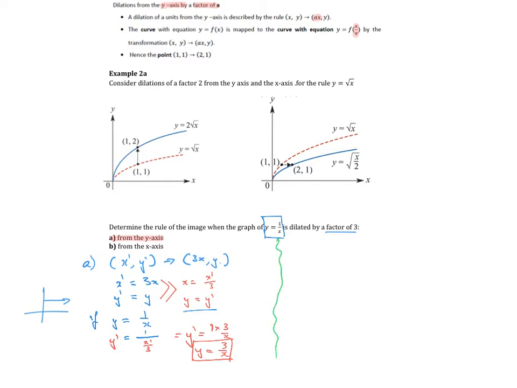What about for B, if it's from the x-axis? Same thing, x dashed, y dashed is equal to, if we're stretching it from the x-axis, it means the y value gets affected. So x doesn't change, but y gets multiplied by 3. So that's the only transformation. X dashed is equal to X, Y dashed is equal to 3Y.